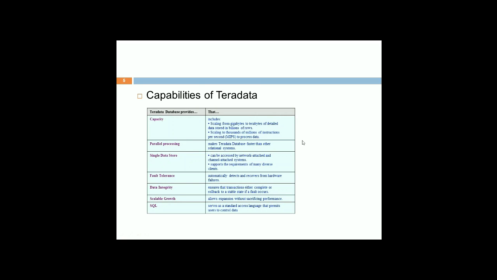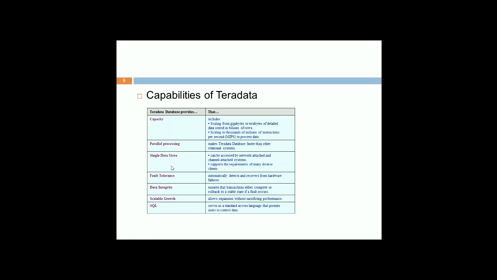And then the scaling becomes easier. Whenever you have a requirement to scale out your database, you can do it easily. And then parallel processing: it is faster than any other relational database system available in the market today in terms of query processing, because of the parallel processing capabilities.